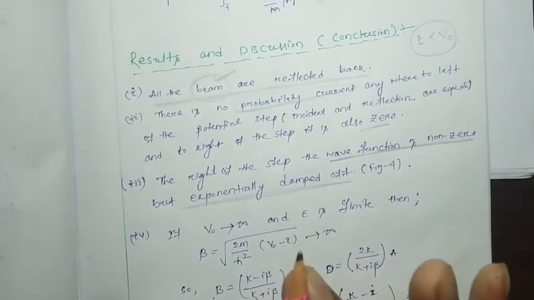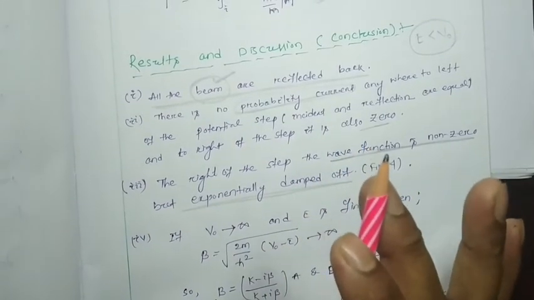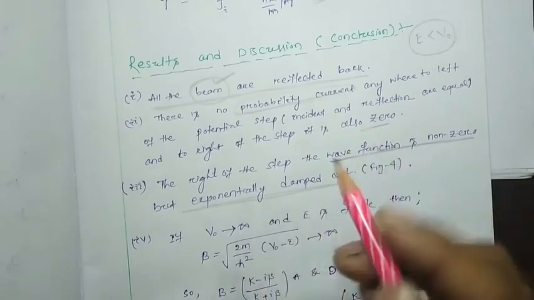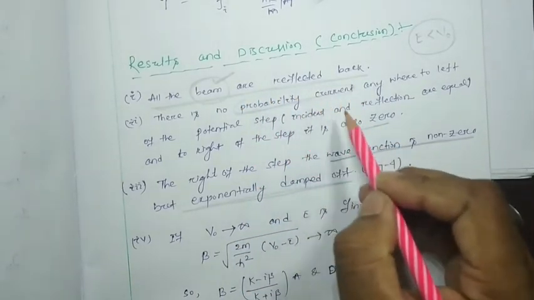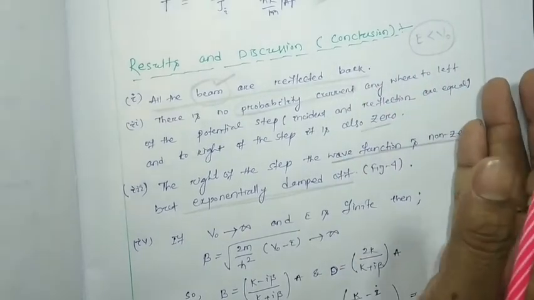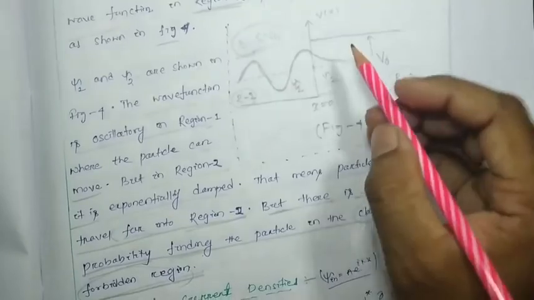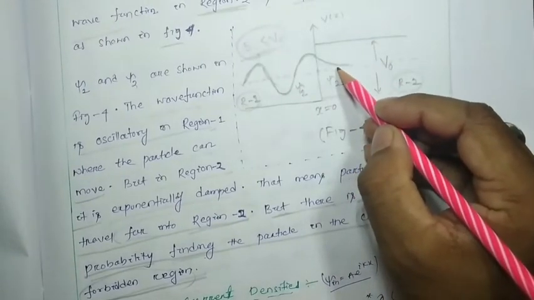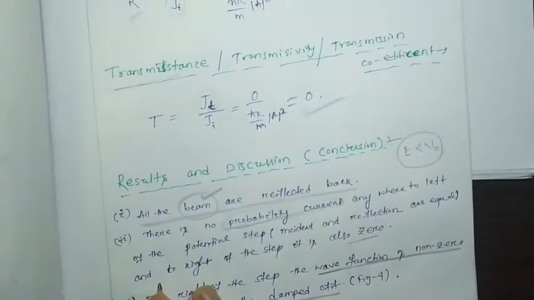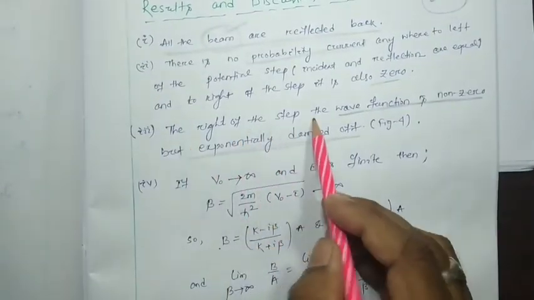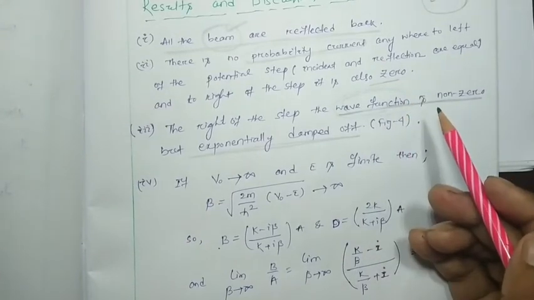Here, one thing you have to understand carefully: it is written that the probability current is 0 because there is no oscillatory part in region 2. But some particle can be found whose energy continuously decreases. To the right of the step, the wave function is there; if the wave function is there, the probability of finding the particle will be there.